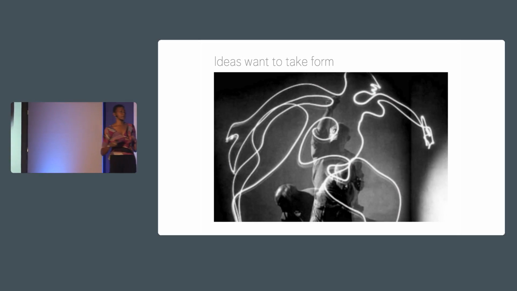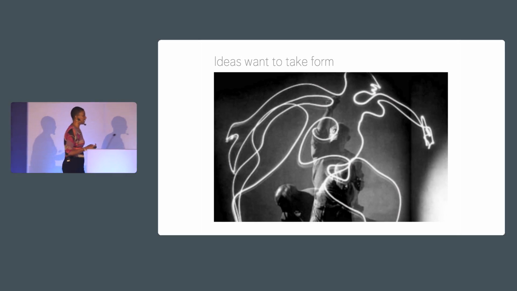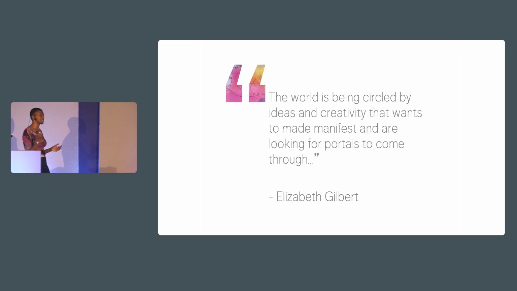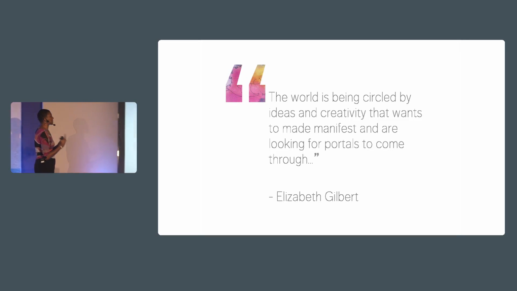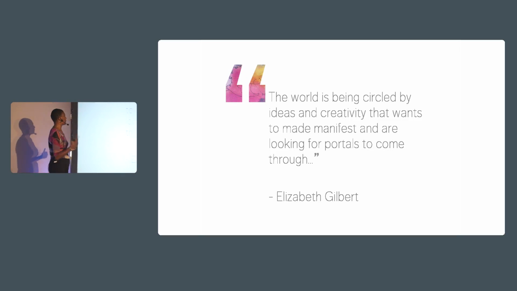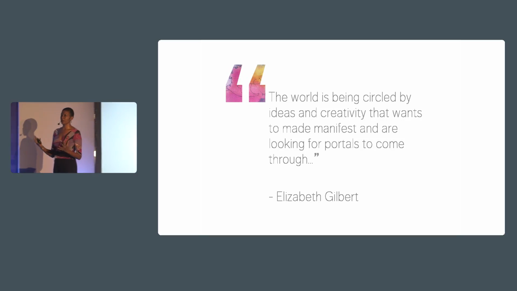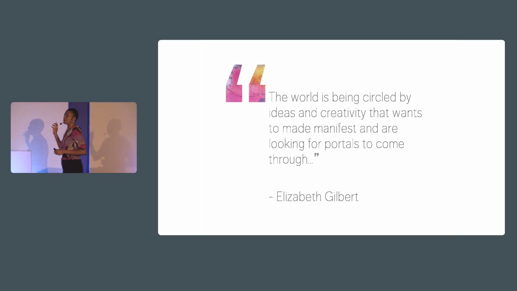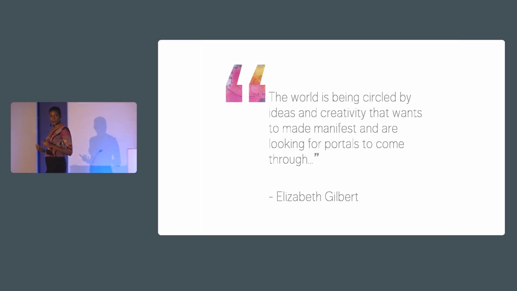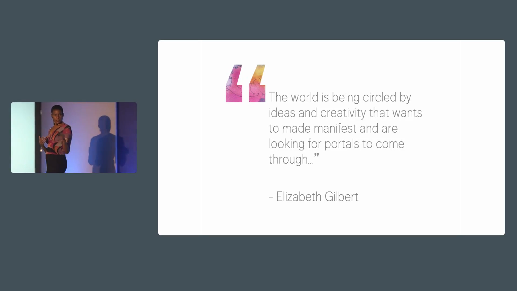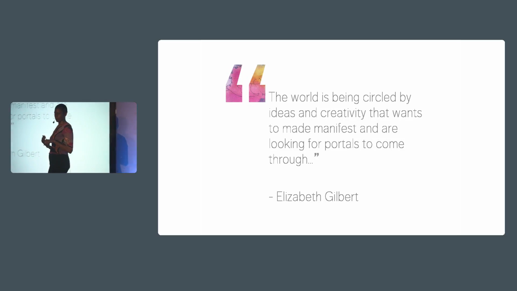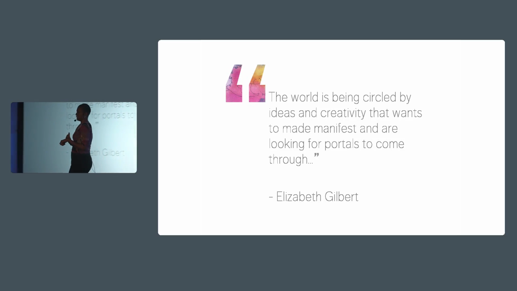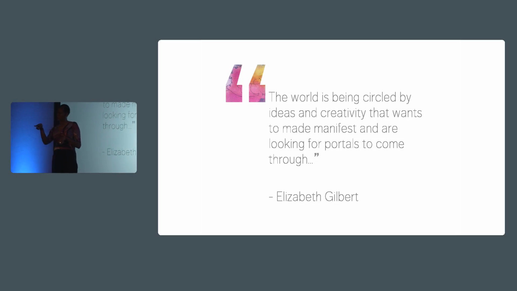And a lot of times, actually, Elizabeth Gilbert has a great quote that says, "The world is being circled by ideas and creativity that wants to take form and be made manifest in the world, and it's looking for portals to come through." So there are ideas running around all the time, and a lot of them are flirting with you, seeing if you're a good match for them, right? They're like, "How about you? How about you? How about you?"